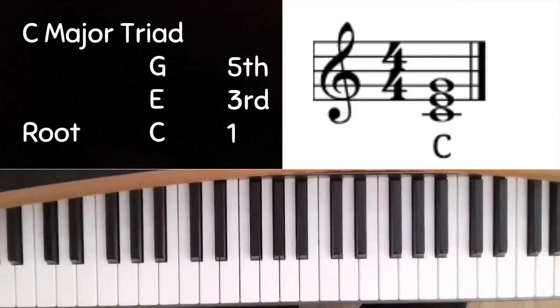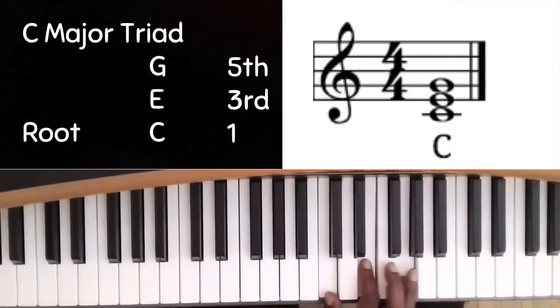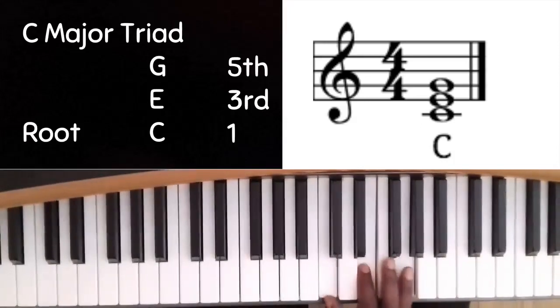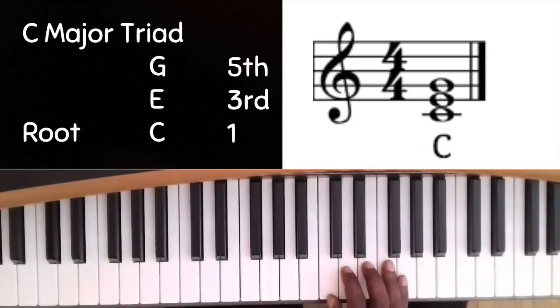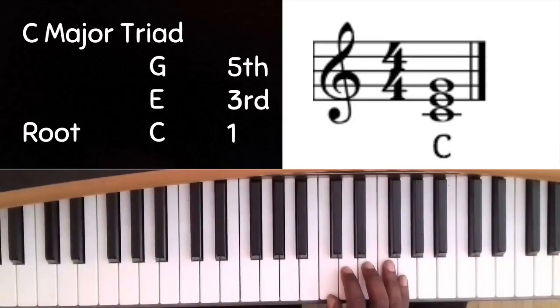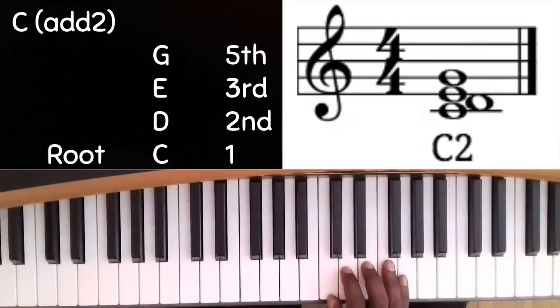When we talk about chord extensions, we're talking about adding to the chord. Now, let's start with adding something very simple to a chord. If we start with a triad, C triad, and just play C, it can be very, very boring. But let's say we add a 2. Now we've got our C, 1, 2, 3, 4, 5.